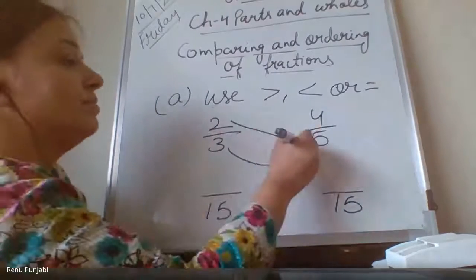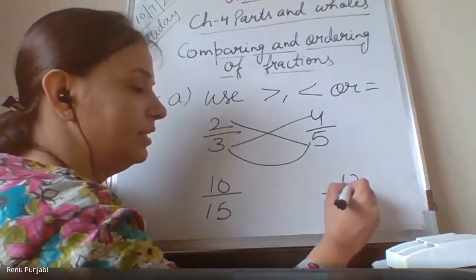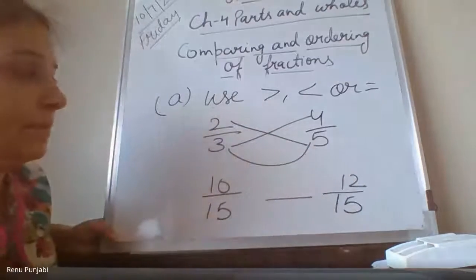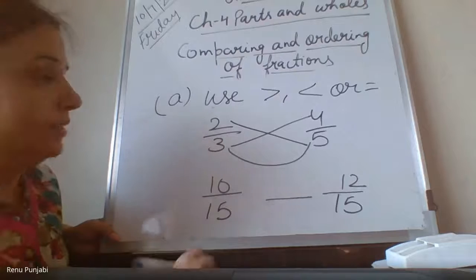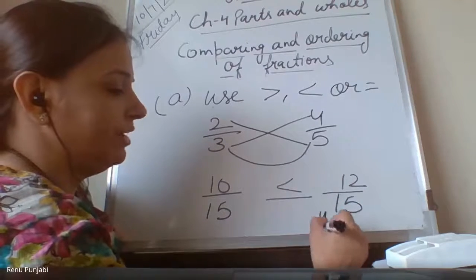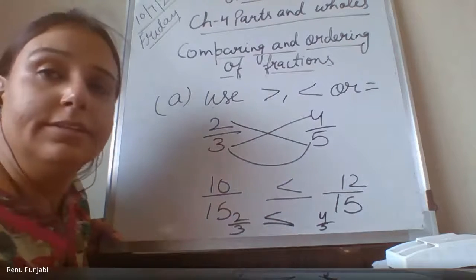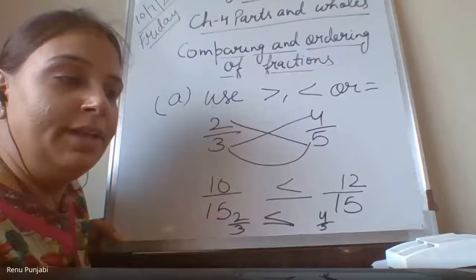Now the cross multiply. 2 5s are 10, 4 3s are 12. Which is greater? Yes. So we can say that 12 upon 15, 4 upon 5 is greater than 2 upon 3. Clear, children?